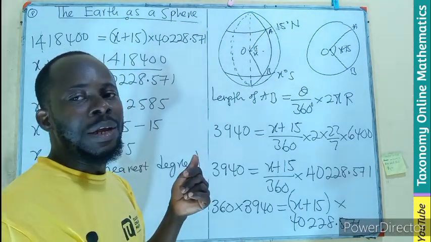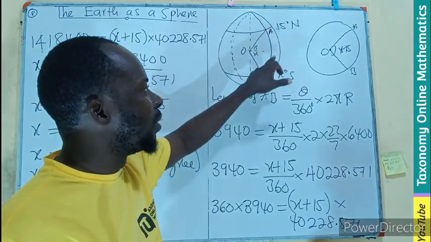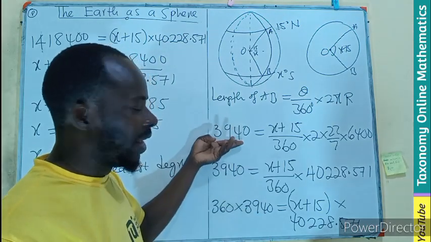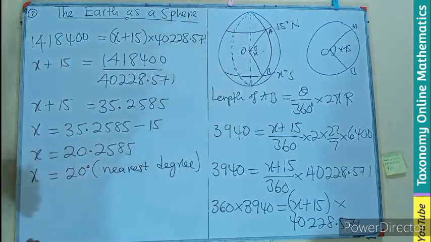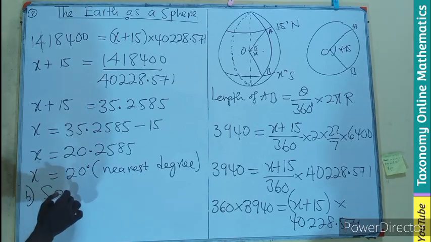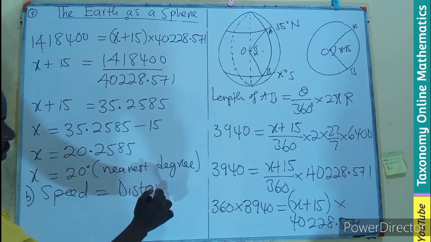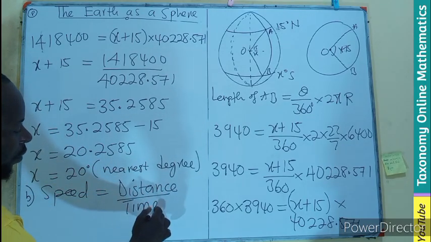Now, question C, we are asked to find how long it will take the airplane to move from A to B. The distance from A to B is given to us already, and the speed is also given to us. So speed equals distance divided by time.